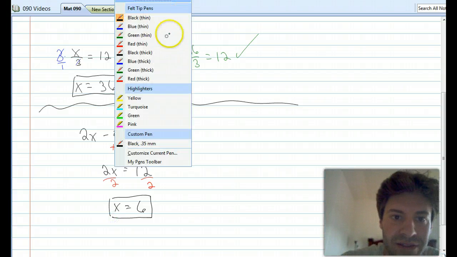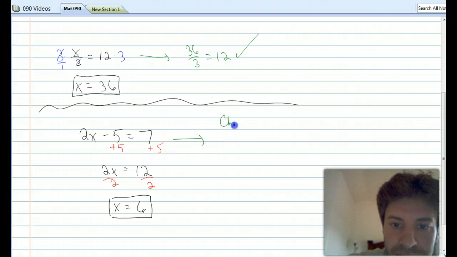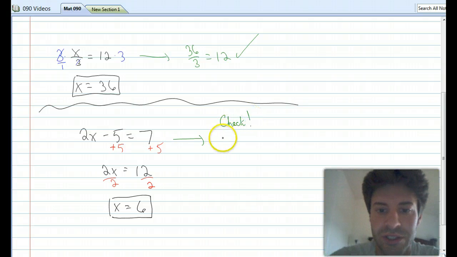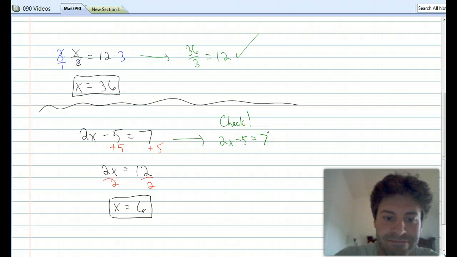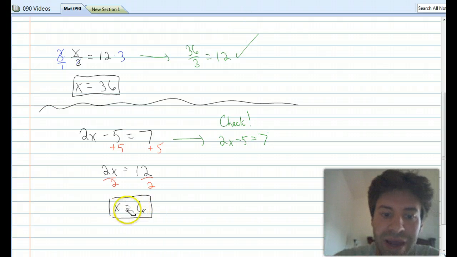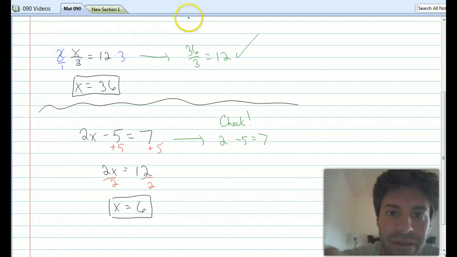We do want to check this answer, though, to make sure that it works. Check. I'm going to copy down the original equation, 2x minus 5 equals 7. And what we're going to do is replace our x with our solution. We got x equals 6. So we're going to replace our x right there with a 6.